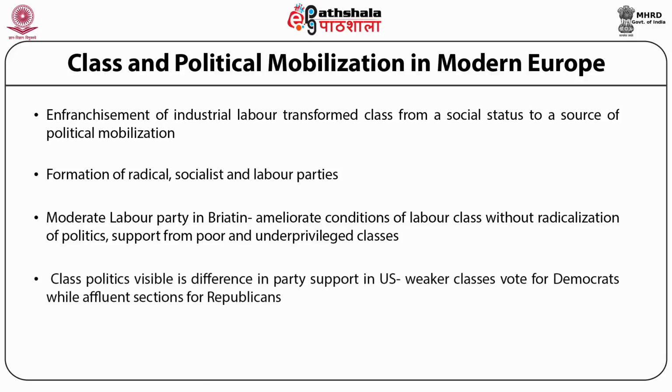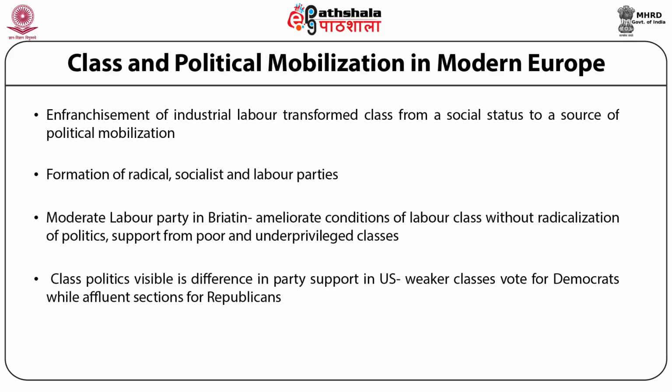Class politics is also visible in the difference in party support in the United States. In other words, we clearly find class politics as a basis of differentiation of party support in the United States, in the sense that the weaker class, the marginalized section, including the marginalized ethnic groups, vote for Democrats, while the affluent sections mainly vote for the Republican Party.